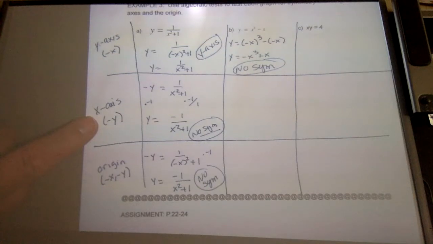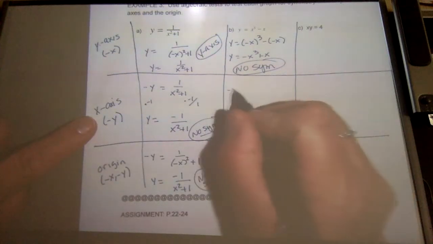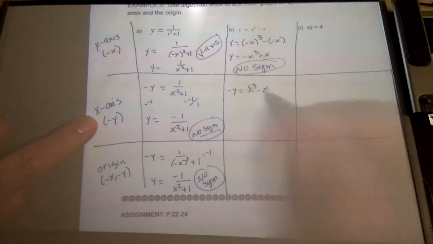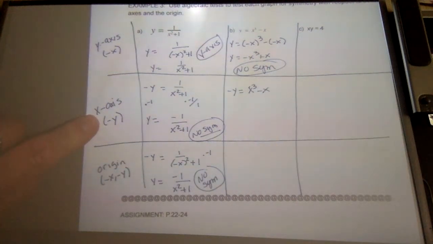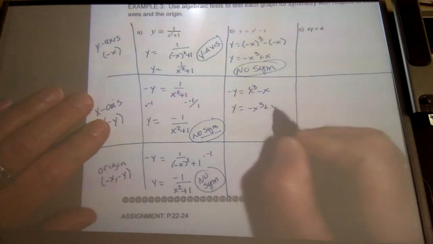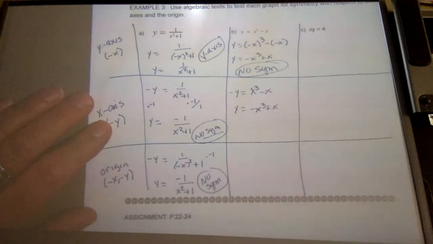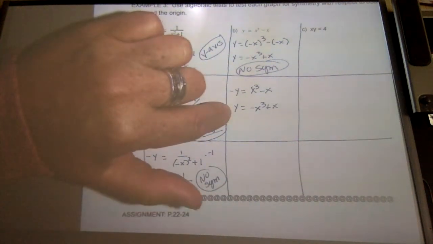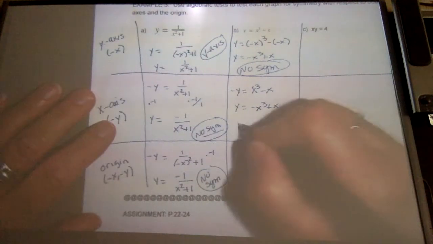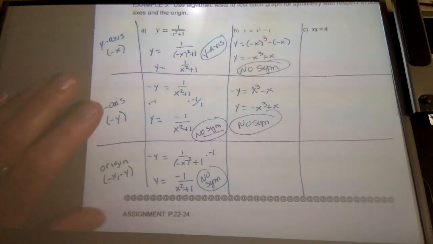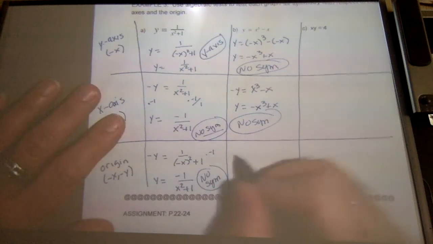Symmetry with respect to the x-axis, I put a negative in for y. I've got to multiply both sides by negative 1. Is this the same as the original function? No. Now I'm going to plug in a negative for both.